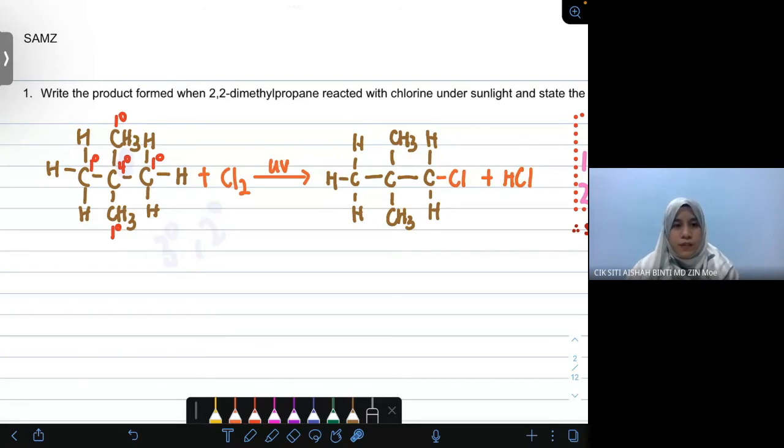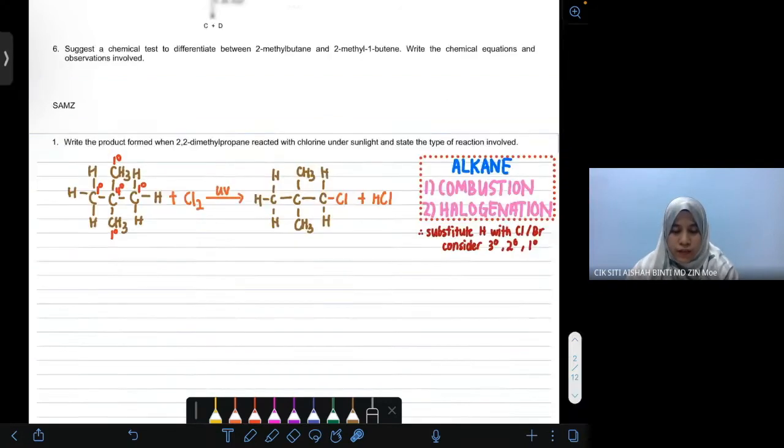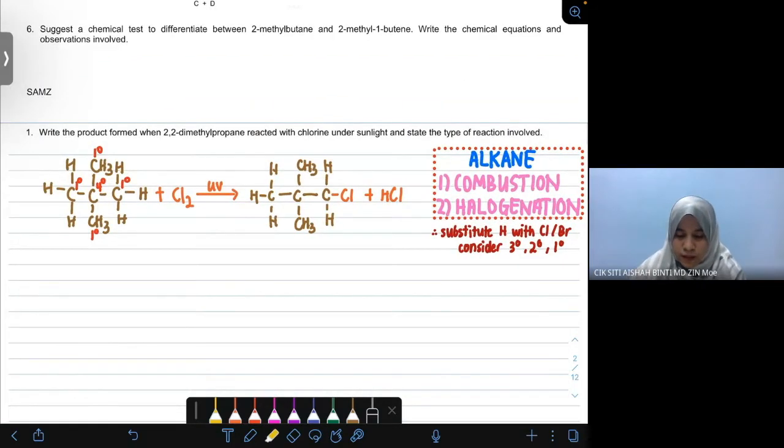Okay, but actually the question is not finished. We have another question. It says here, state the type of reaction involved. The type of reaction has to be specific. It's either addition, elimination, substitution or rearrangement. So in this case, we substitute, because we substitute our hydrogen with our halogen.